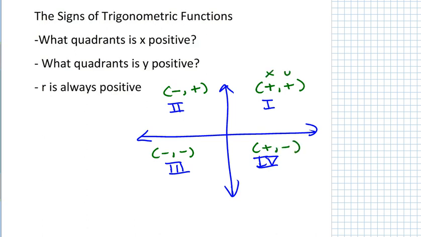That's what we're talking about, x, y. So x is positive in the first and the fourth. Y is positive in the second and the first. R is always positive because remember, you're going square root of x squared plus y squared. So you're squaring stuff and taking the square root, so r is always going to be positive.